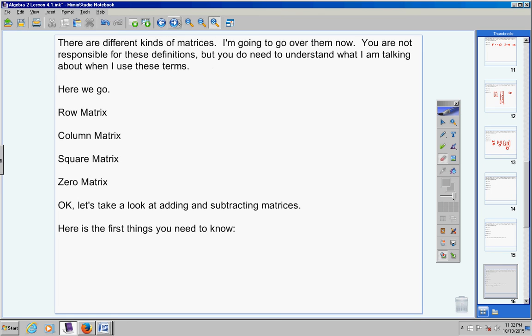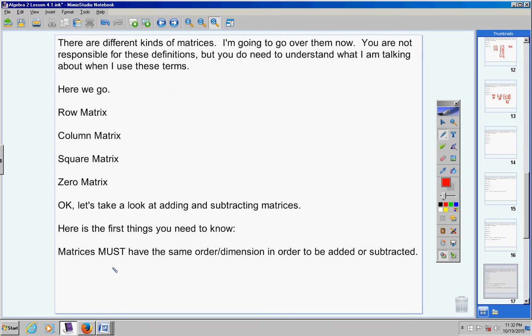Let's jump into this. Here's the first thing that you need to know, okay? Write this down, please. Matrices must have the same order/dimension in order to be added or subtracted.